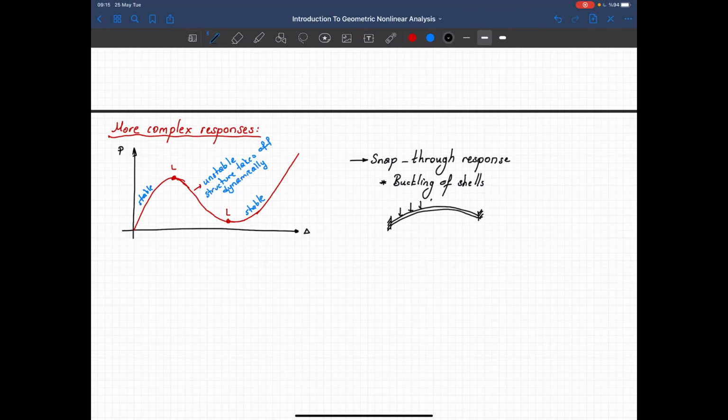You apply some loading to it, and then it deforms. So this is our initial stable geometry. It deforms, but after a while it loses all its stiffness. It becomes unstable. It dynamically moves, it flips, and then it catches another stable deformed configuration and starts to carry the loading.